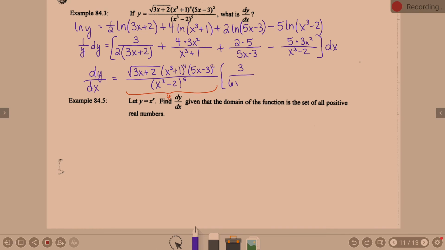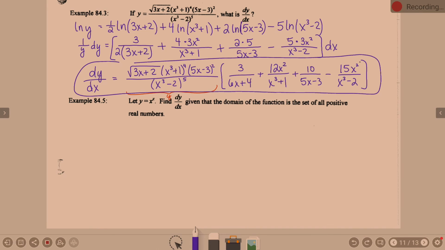So I said 3 over 6x plus 4 plus 12x squared over x cubed plus 1 plus 10 over 5x minus 3 minus 15x squared over x cubed minus 2. Skip as few or as many steps as you prefer, right?